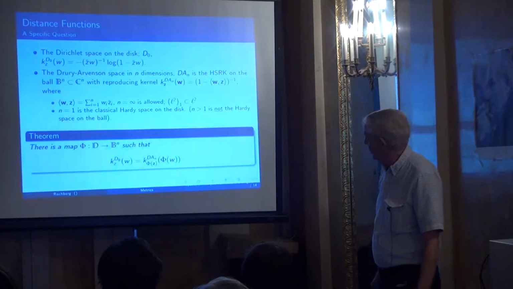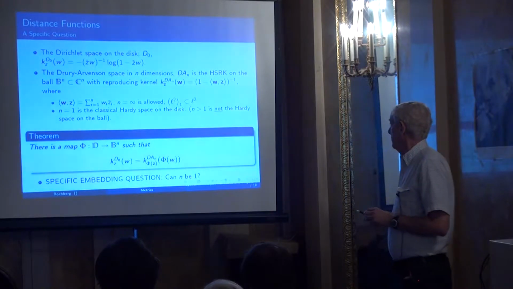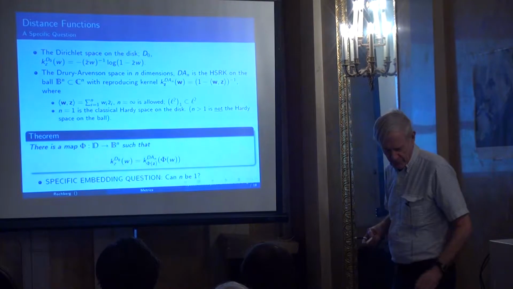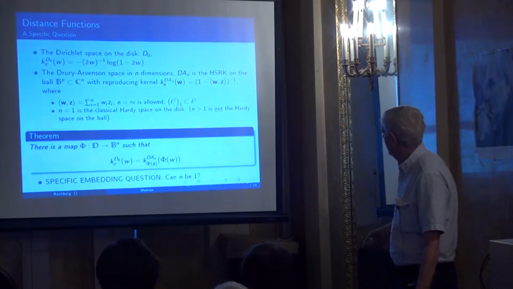And the theorem says that for some n that is true, and the very specific question is, can I take n to be 1? And certainly in this formulation, the question seems arbitrary and without context.